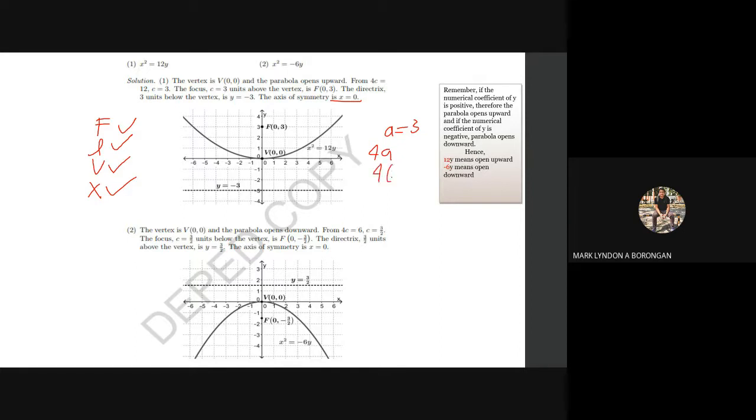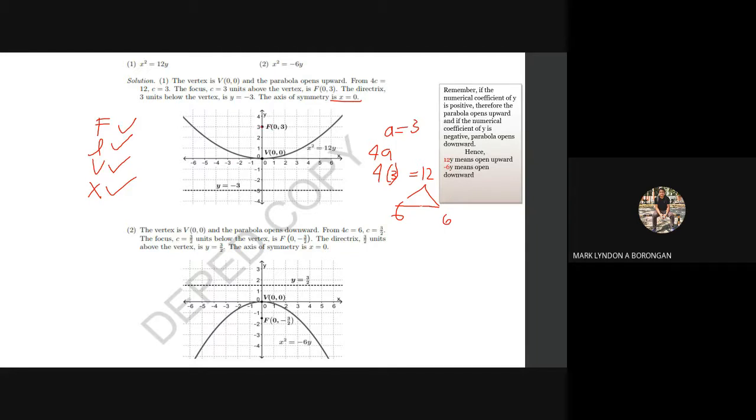So 4 times 3 is equal to 12. If we divide that 12 into two, that is 6 and 6. This means that from the focal point, or the focus, we count 6 units to the right and 6 units to the left. So you have there our focus.